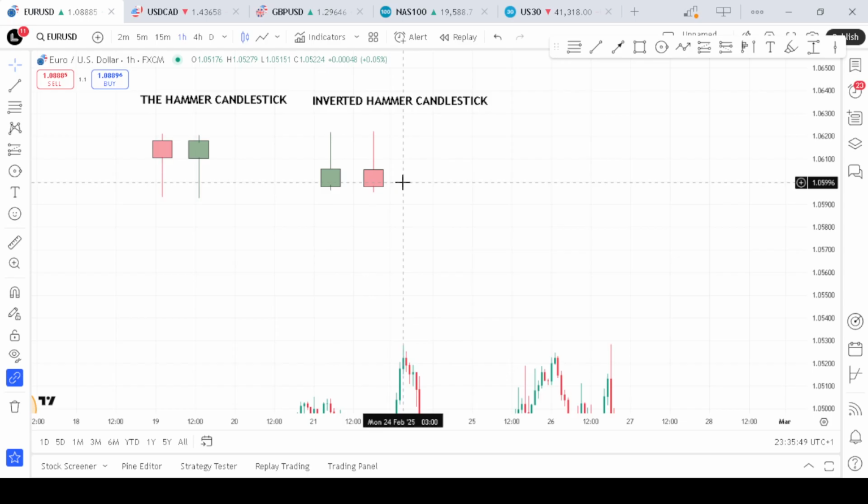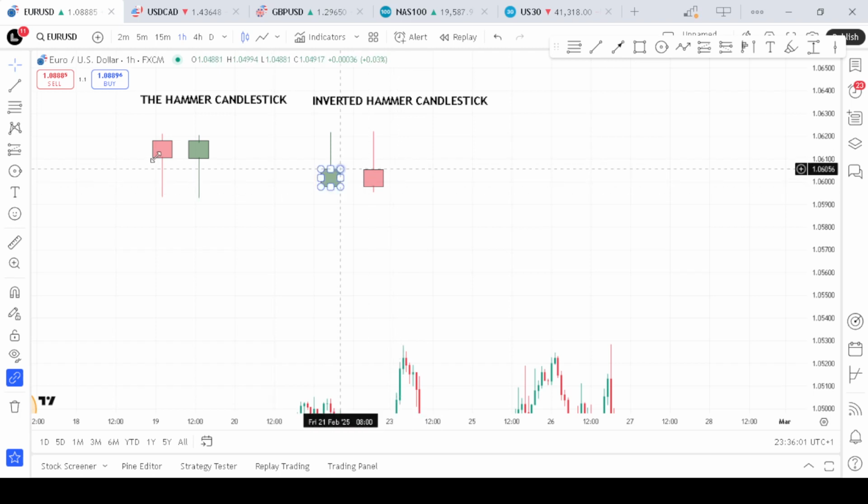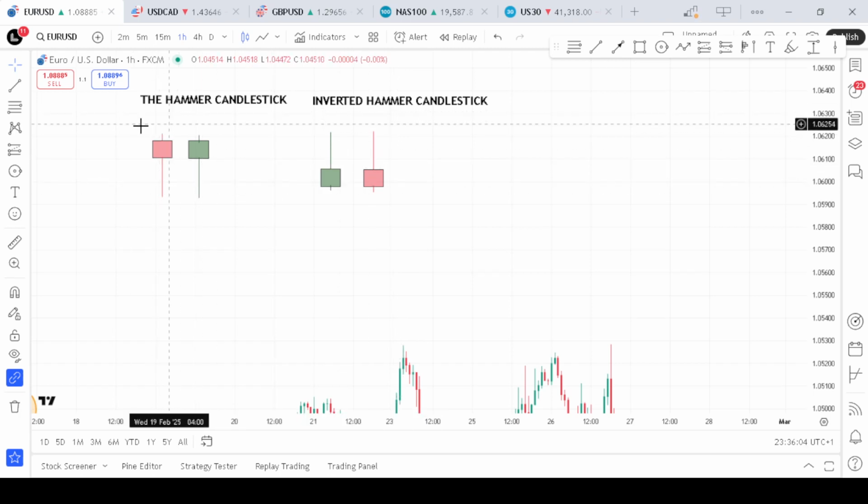A strong close above the inverted hammer candle body signifies the potential reversal. It assures you that yes, price is going to reverse. It's the same with the hammer candlestick. A strong close above the hammer candlestick pattern assures us that the reversal is an assured one.